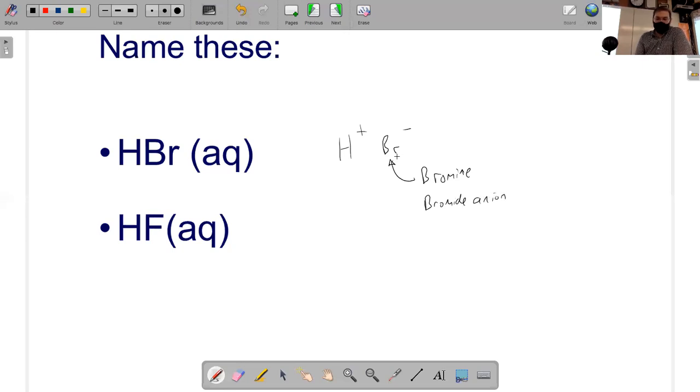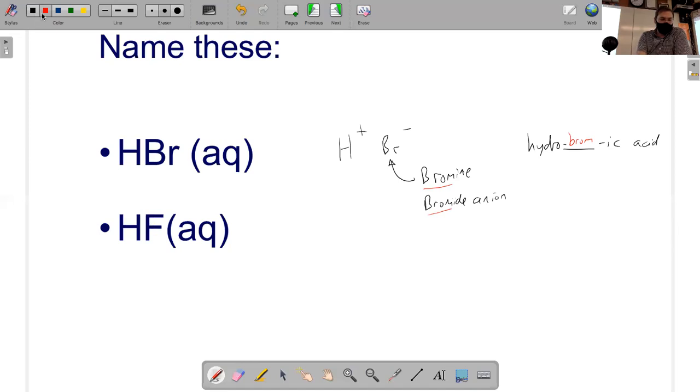And for all binary acids, the name is always like hydro and then something ic acid. The something that goes in here is the root of the element name and the anion name, and for bromine, it's brom. So HBr is hydro, and you put brom in there: hydrobromic acid.